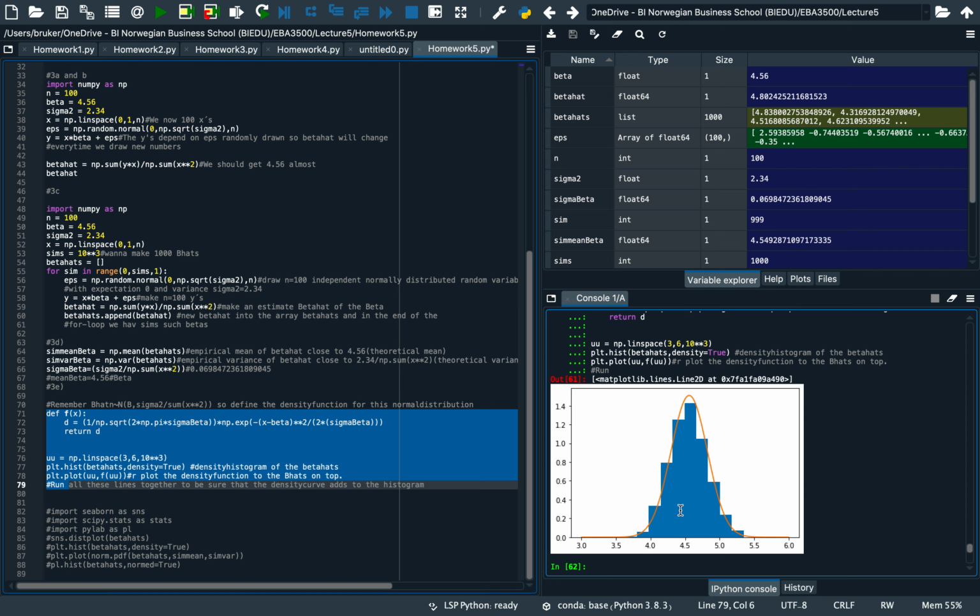And that is because we know, or we can show mathematically, that these beta hats are actually normally distributed, almost normally distributed.